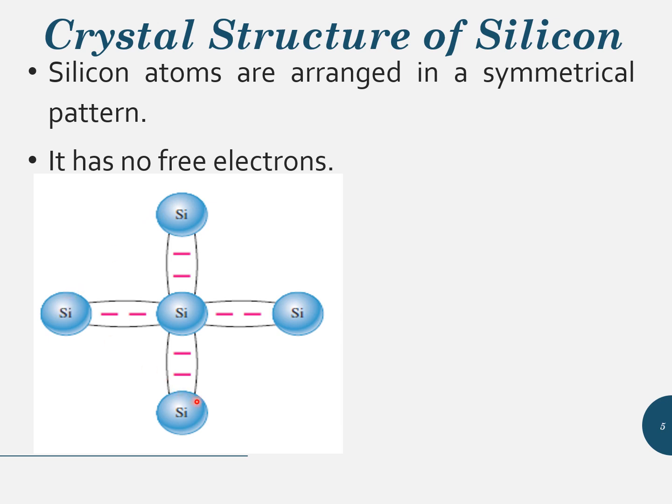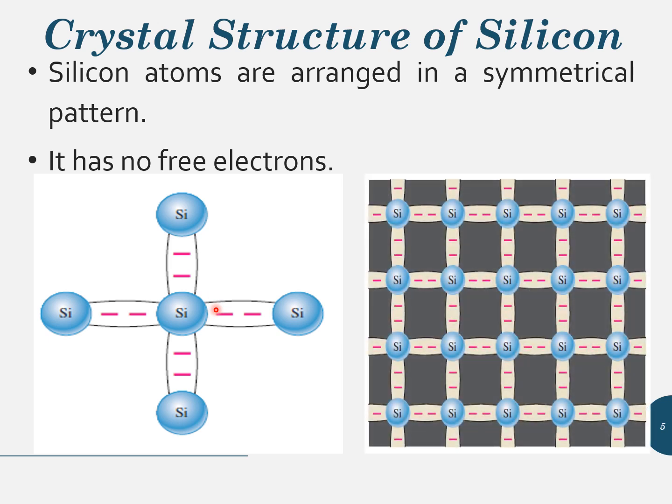This sharing of valence electrons produces the covalent bonds that hold these atoms together. These pink signs represent the shared valence electrons. Covalent bonding in an intrinsic silicon crystal is shown in this figure.